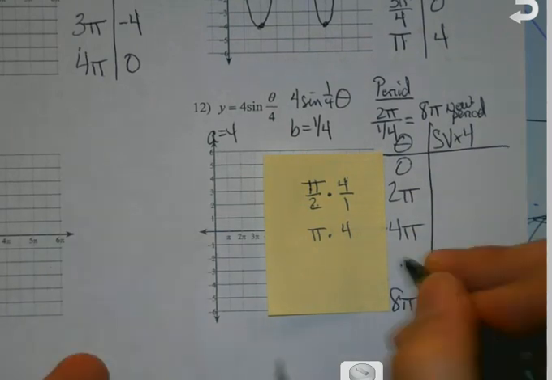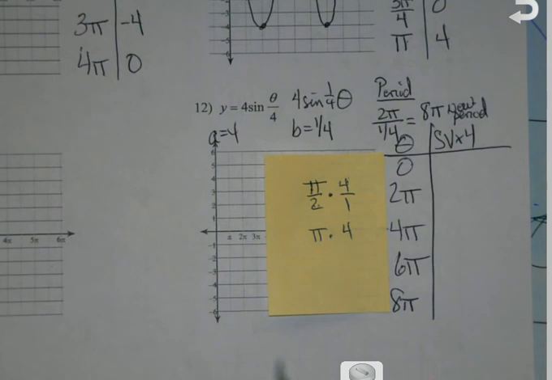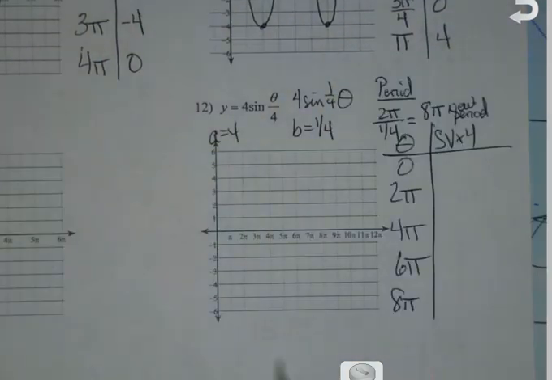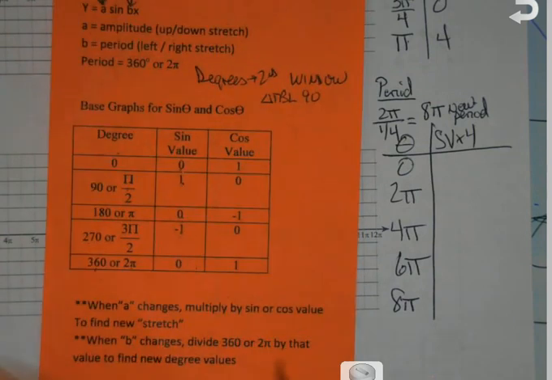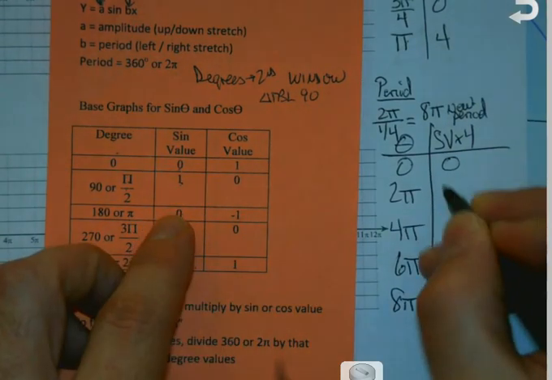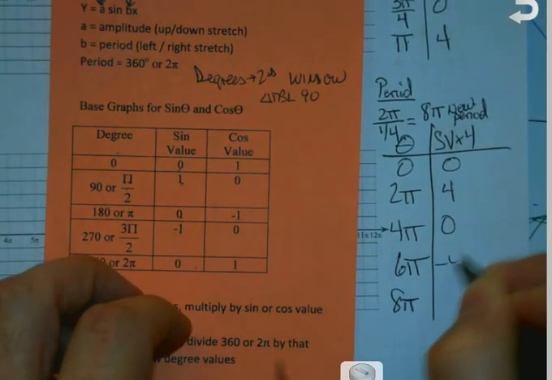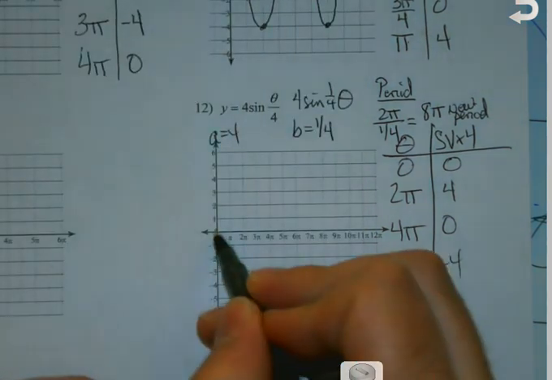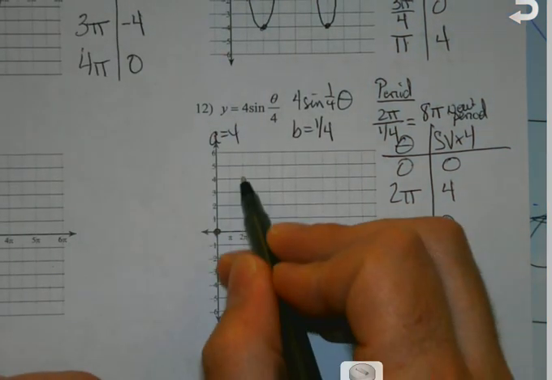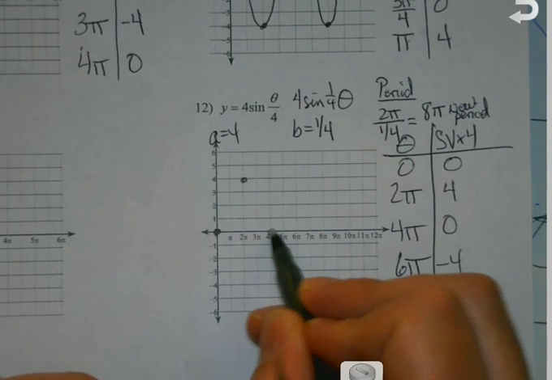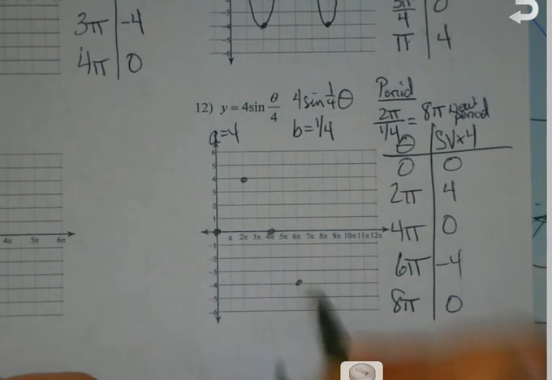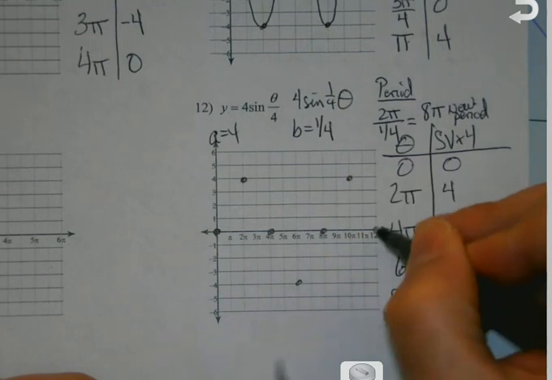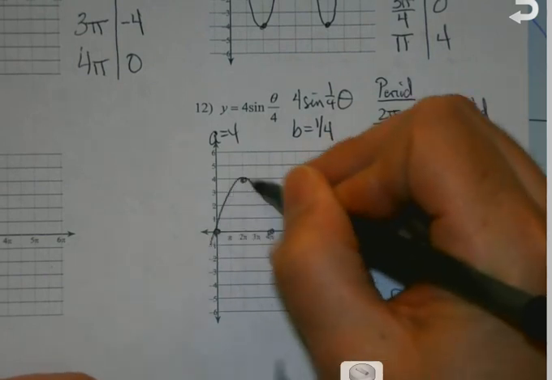Hopefully somebody said 6 in there. 6, 8. Because I just see it's counting by those 2's. And then I just take, again, my sine values and multiply them by 4. And again, if I want to keep stretching this out, I can.